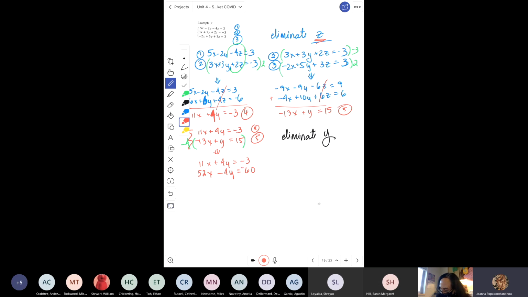And then if I were to add those two together, 63x, y gone, equals -63. So what do I now know? X equals -1. Okay, so what am I going to do with that? I'm going to come back over here and substitute into one of these equations.